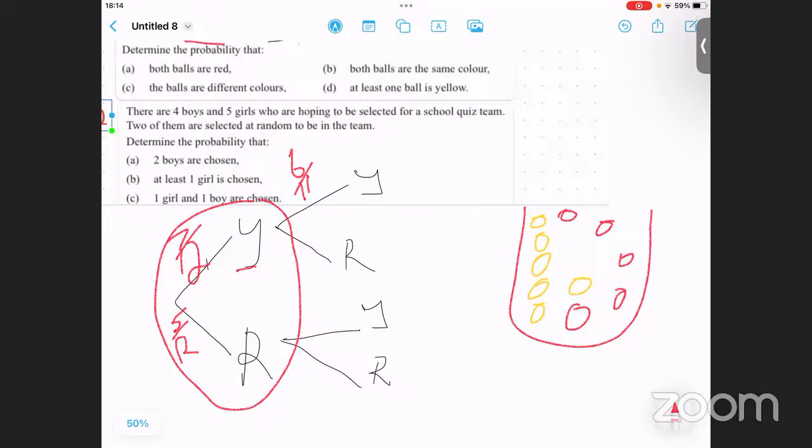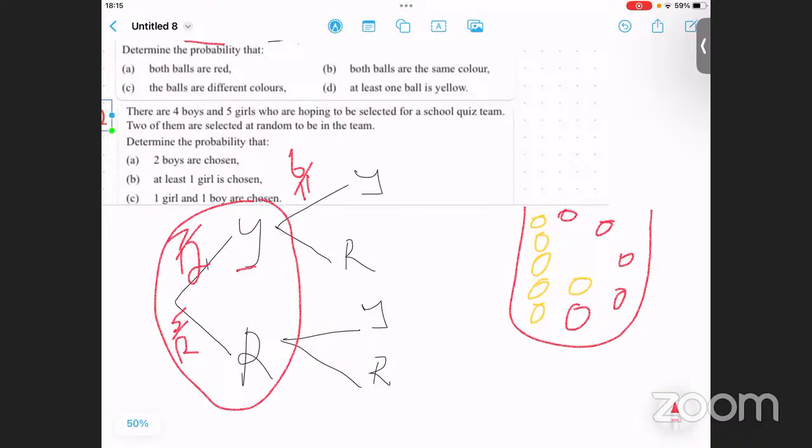Now, how many reds are we going to have if the first ball was yellow? If the first ball to be taken out was yellow, how many reds are we going to be left with? 5.